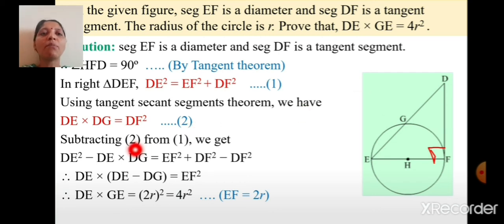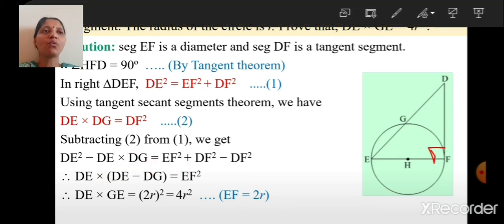Now subtracting equation 2 from equation 1, we get DE square minus DE into DG is equal to EF square plus DF square minus DF square. Now let's simplify this. DE you can take common, so DE into (DE minus DG) is equal to EF square plus DF square minus DF square, and DF square you can cancel.